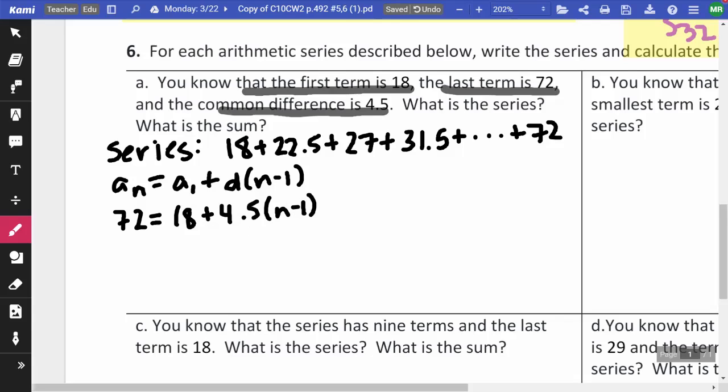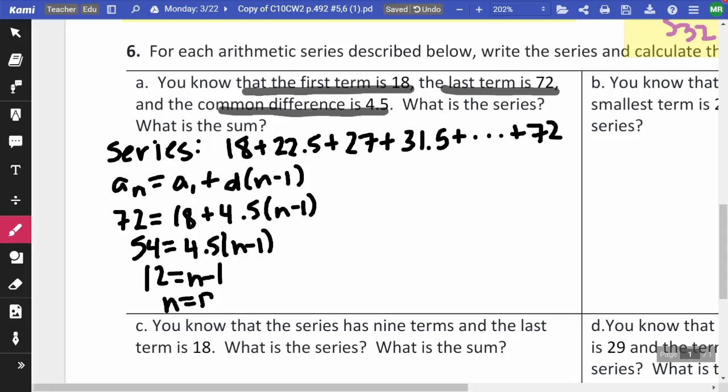The first thing I'm going to do is subtract 18 from both sides. So I get 54 equals 4.5 times n minus 1. Instead of distributing, I'm going to divide by 4.5 on both sides. And I get 12 is equal to n minus 1.